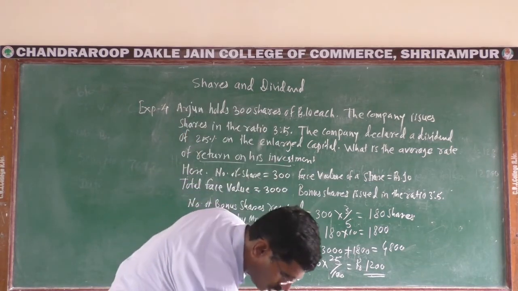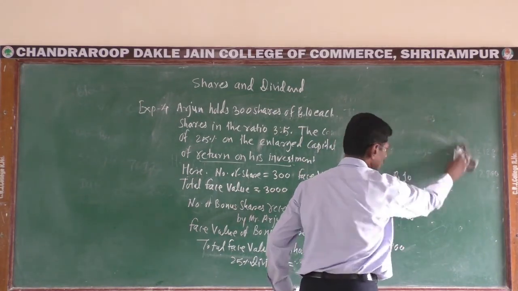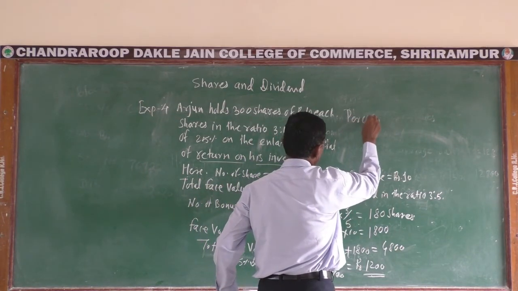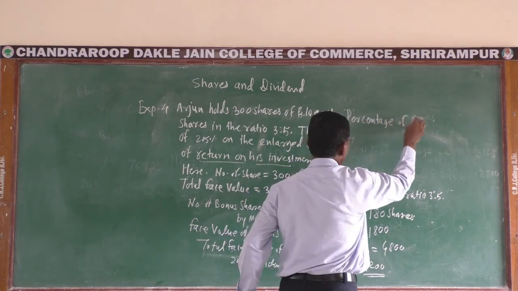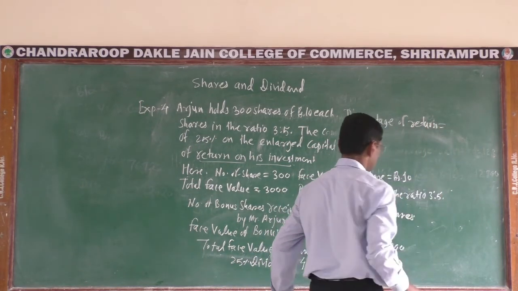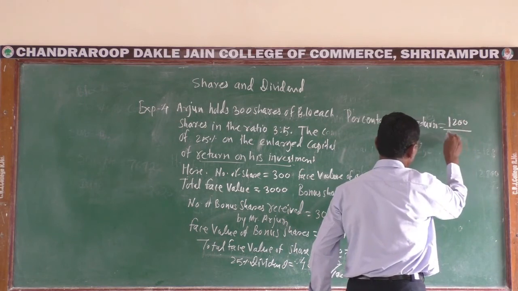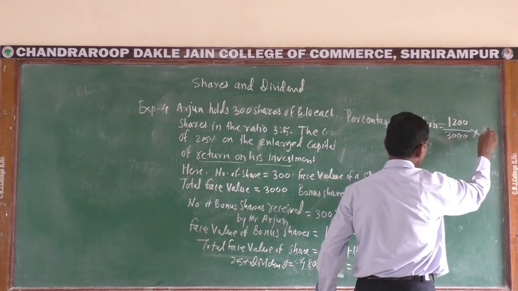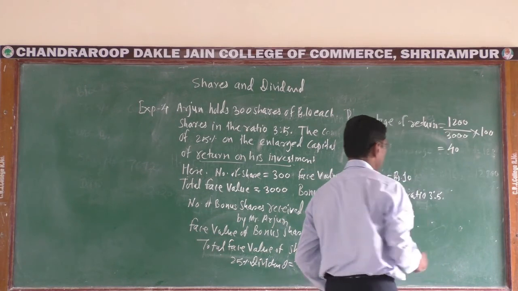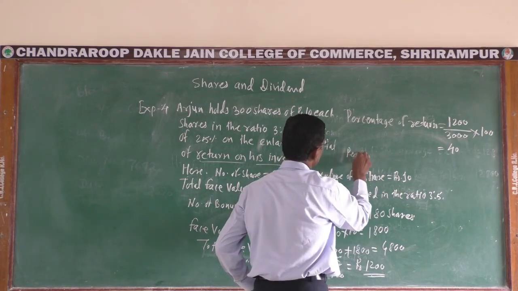Percentage of return is equal to, he received rupees 1200 and he invests rupees 3000, into 100, that is 40.